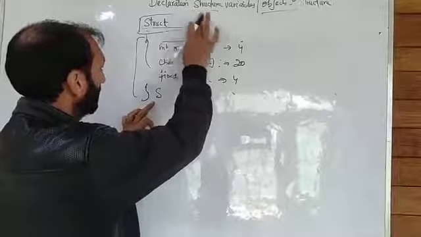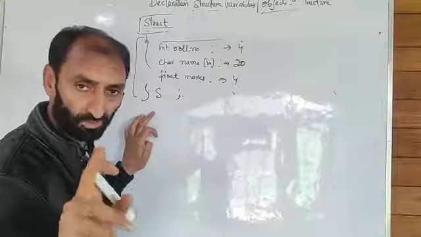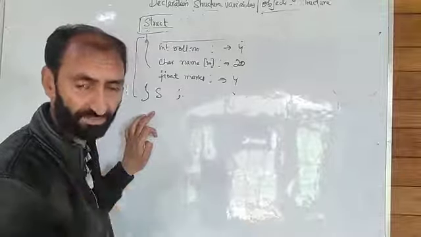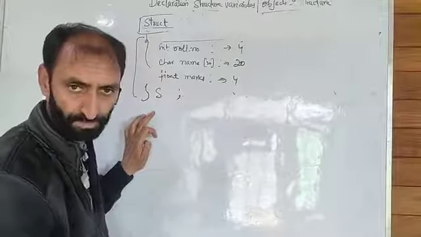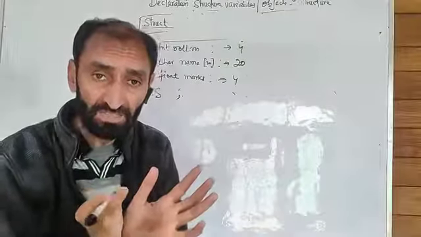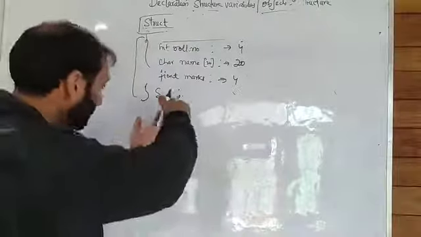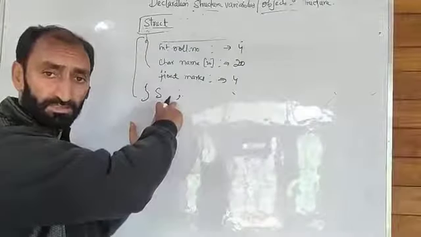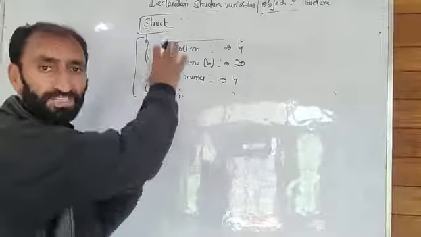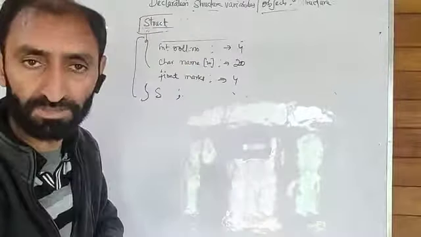There is no need to write the structure tag, or we can say structure name, because I have told you that the structure name is optional. If I declare the object before this semicolon, then it is optional.